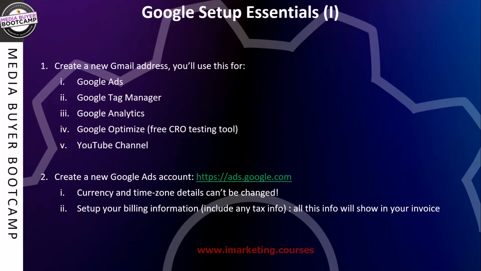So there are things you can and cannot do, obviously, in Google, but one of the things they will check is that your payment profile is set up correctly. That's very important to them. And of course, all of this info will show in your invoice. So when you're spending on ads, you need to deduct all your expenses, so you pay less taxes wherever you happen to be. Then make sure you can download the invoices from the platform.